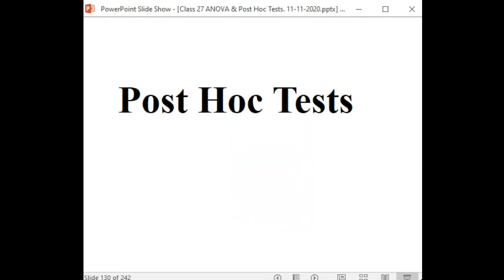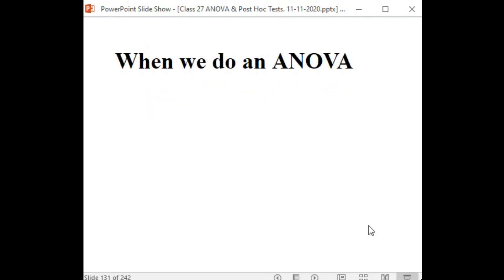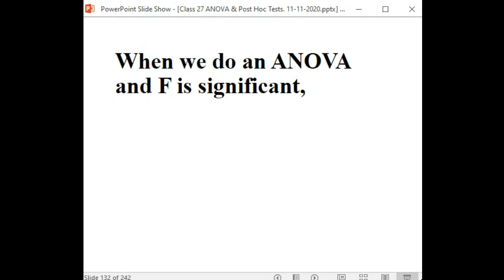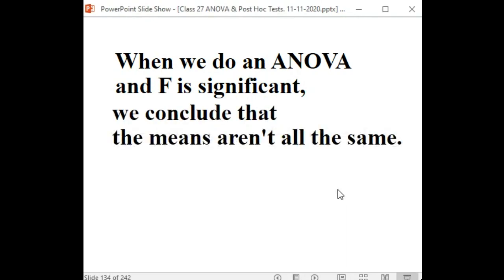And that's the second main topic of today's lecture. Post hoc tests go along with ANOVA. And they're what we'll be talking about during most of the rest of today's lecture. Here's why we need post hoc tests. When we do an ANOVA and F is statistically significant, we conclude that the means aren't all the same.